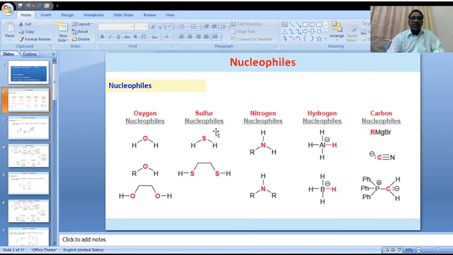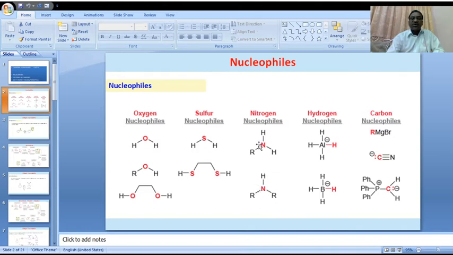Next, sulfur nucleophiles, H2S gas and H2S2, just like hydrogen peroxide, a thioperoxide. Next, nitrogen nucleophiles. RNH2 is a primary amine. R2NH is a secondary amine.